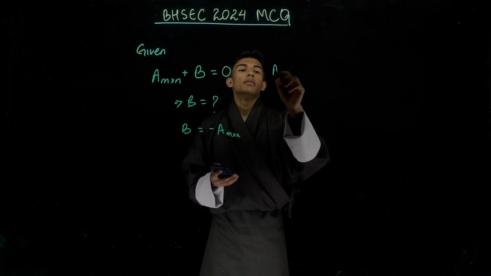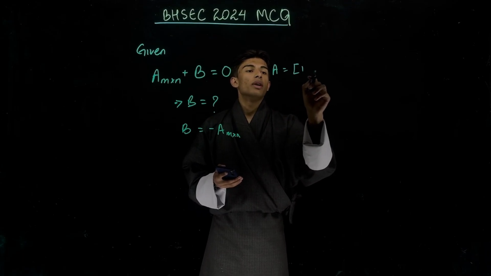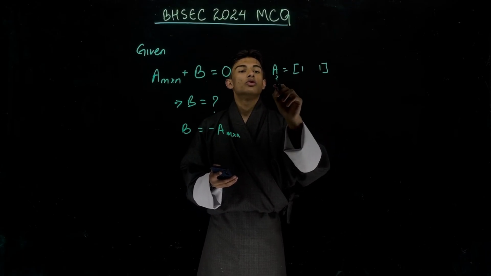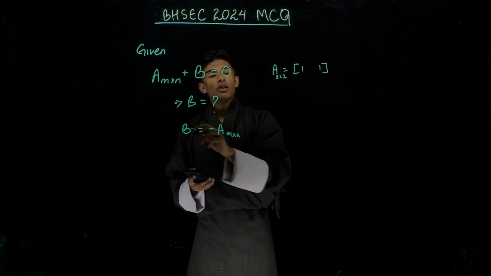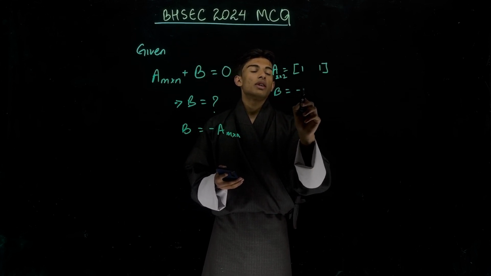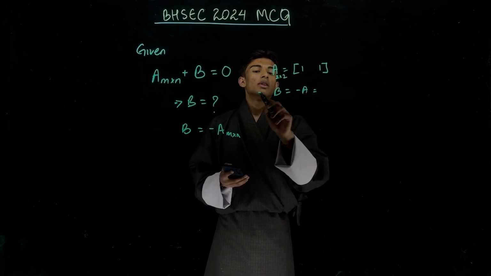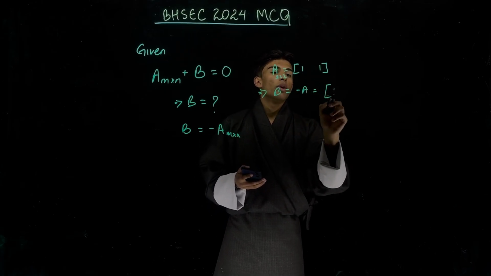Let's say that matrix A is a 1 by 2 matrix where we have 1 and 1 here. So it's a 1 by 2 matrix. Hence, by using this, we get that matrix B is equal to the negative of matrix A, so each of the elements in matrix A will acquire a negative sign.